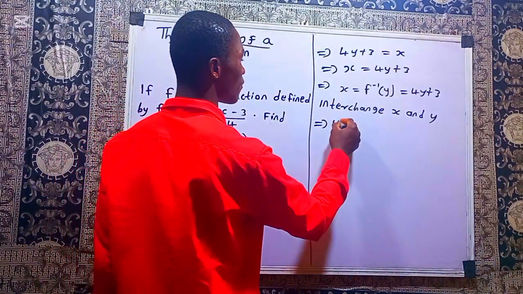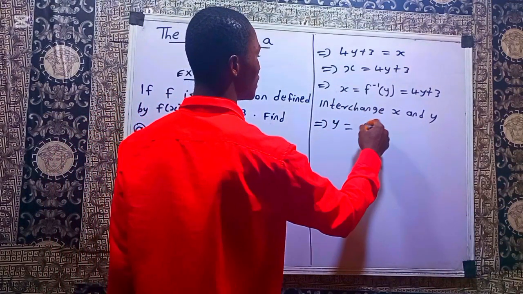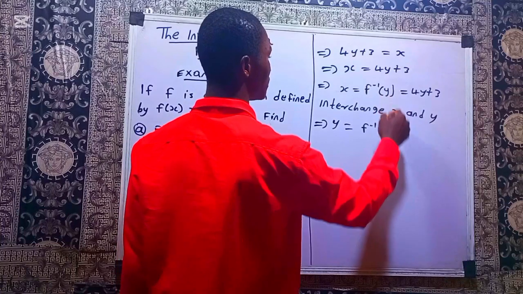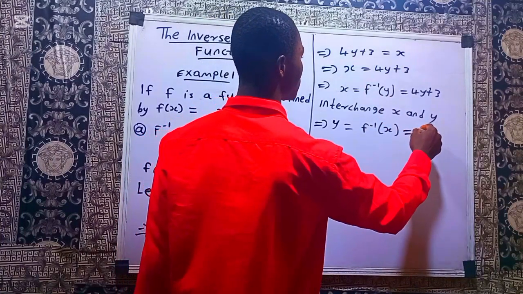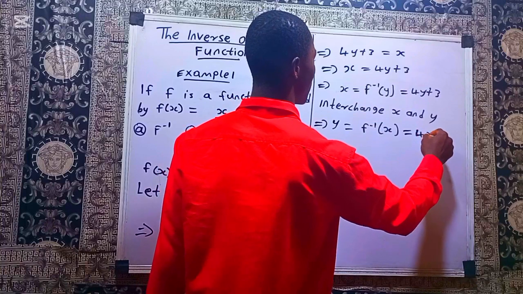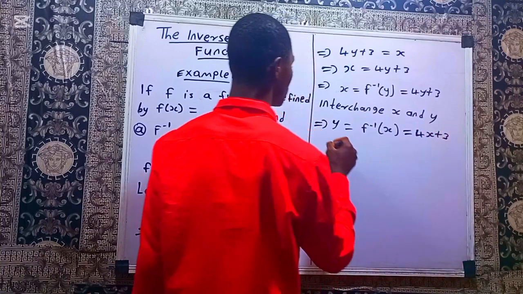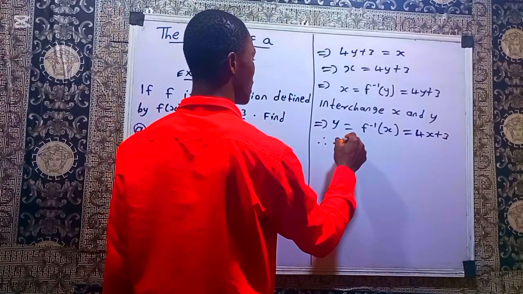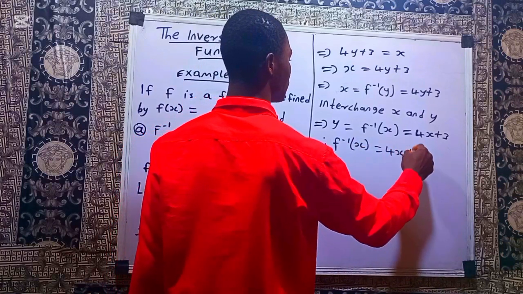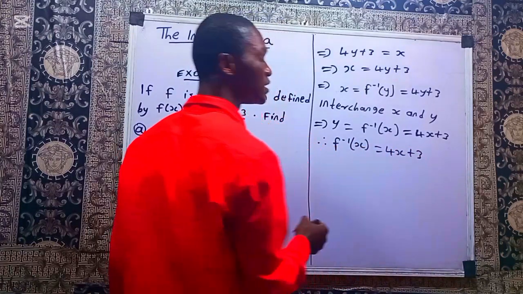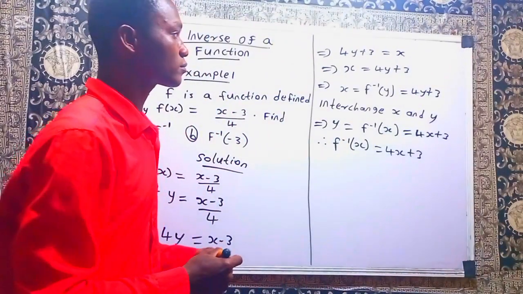So you are going to have that y is equal to f inverse of x equals 4x plus 3. Therefore, f inverse of x is equal to 4x plus 3. So this is the inverse of the function.